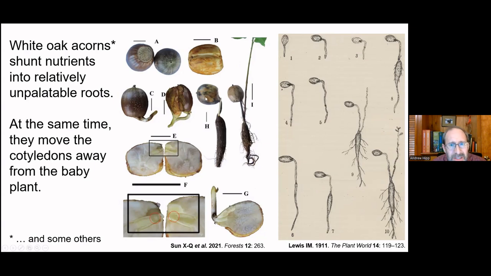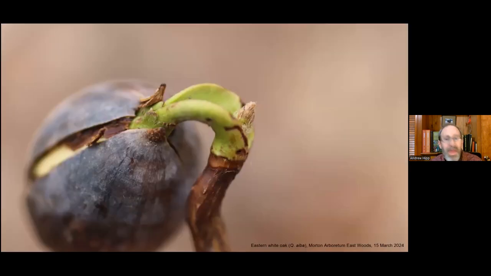I don't remember which species this is, but what you see is as the root grows out of the acorn, it quickly starts to pull the nutrients out of the cotyledons, which are these guys right here. And in the roots, those resources are a lot less digestible by the mice, by the squirrels, by anybody who would want them. So it's a way of protecting those nutrients right away.